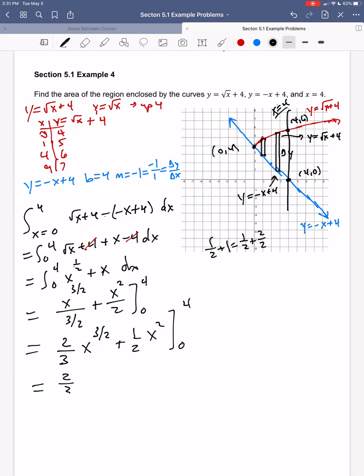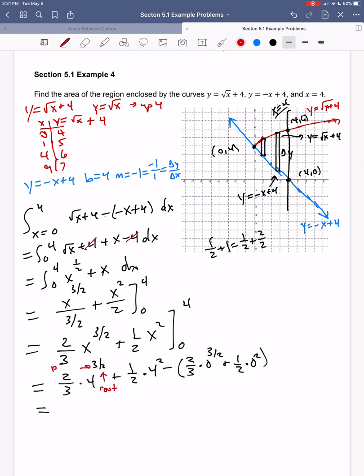So that'll be 2/3 times 4 to the 3/2 plus 1/2 times 4 squared minus 2/3 times 0 to the 3/2 plus 1/2 times 0 squared. Remember, with this 3/2 power, the 2 here then is my root.